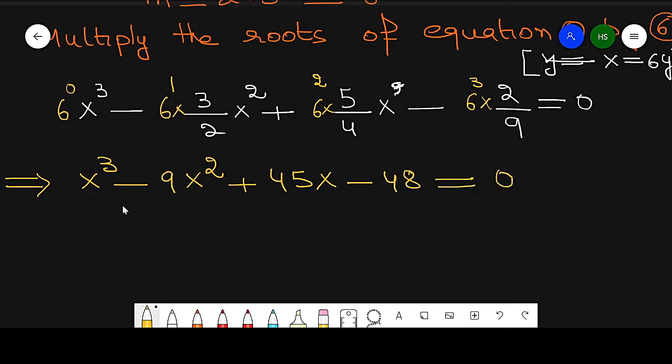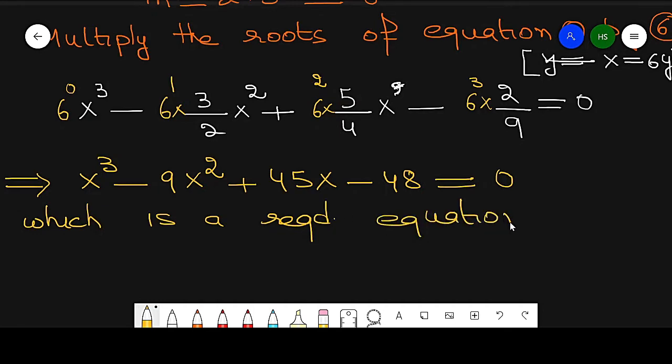This equation has integer coefficients and leading coefficient 1, which is the required equation. In this way we can transform the given equations.